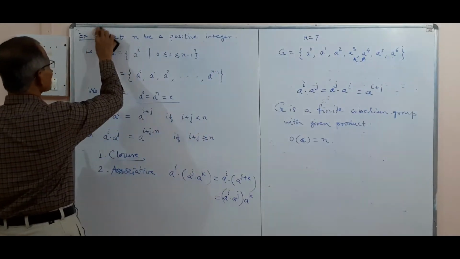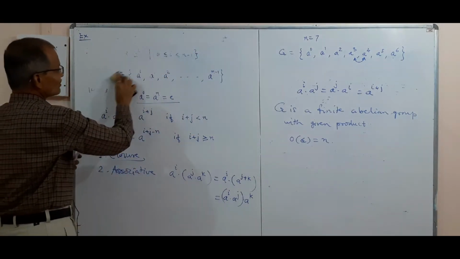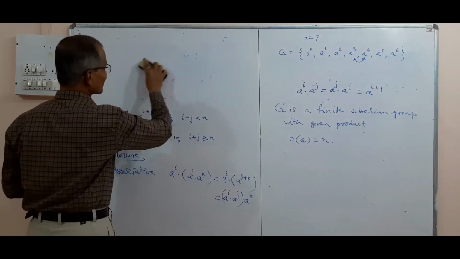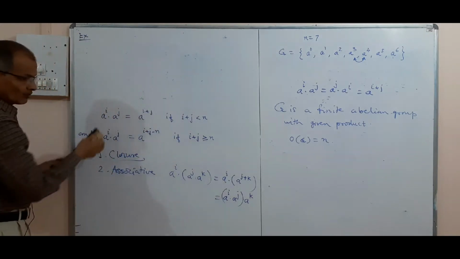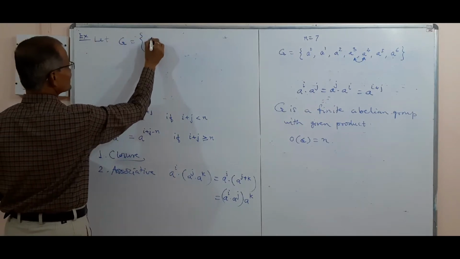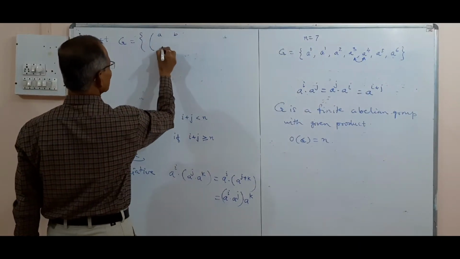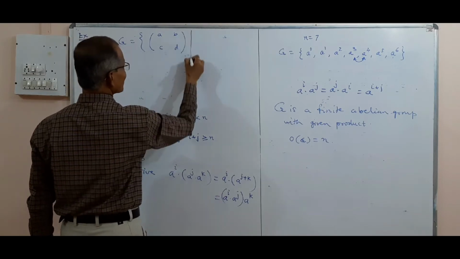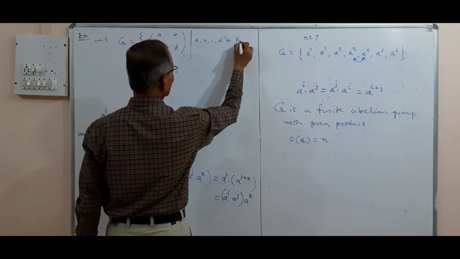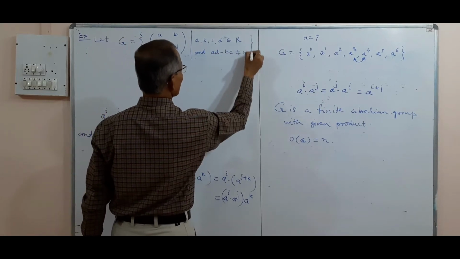Next, we may consider a fourth example. Suppose G is the set of 2 by 2 non-singular matrices with real numbers, that means we can write G as the set of 2 by 2 matrices, denoted by this type of bracket, or square bracket, A, B, C, D, such that A, B, C, D belong to R, and AD minus BC is not equal to 0.